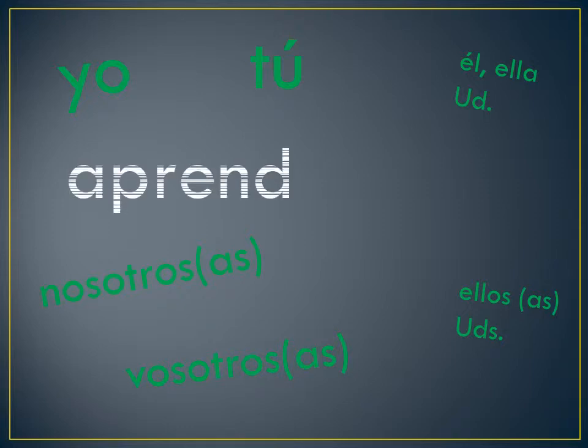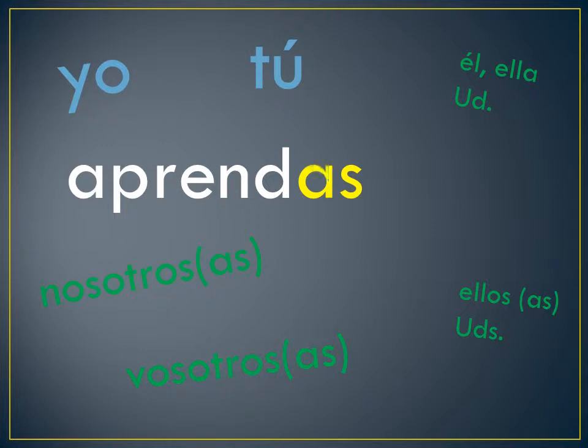Alrighty, let's try that again, this time with an ER verb, aprender. We'll go back to the present tense indicative, yo form, drop that O, and add our present subjunctive endings. Here we go again.